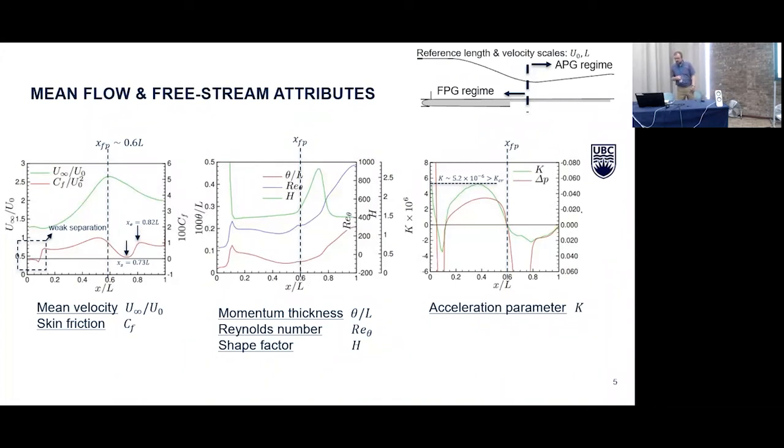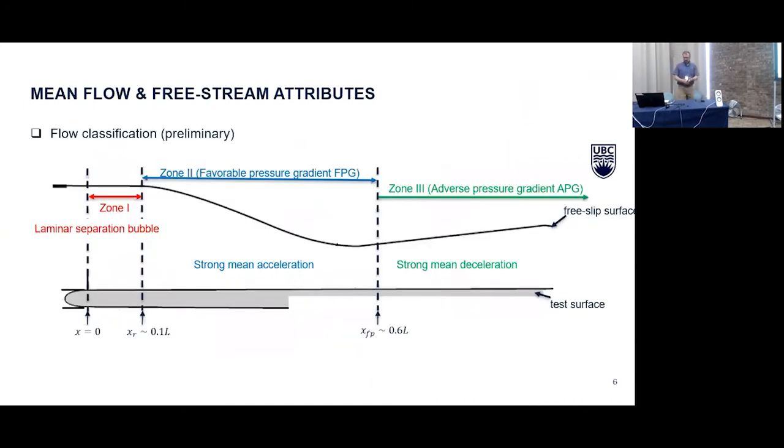And we can see that we are slightly below that. And so the acceleration that's imposed by our favorable pressure gradient is strong enough to diminish the turbulence, but not completely relaminarize the flow. And that leads to some interesting observations.